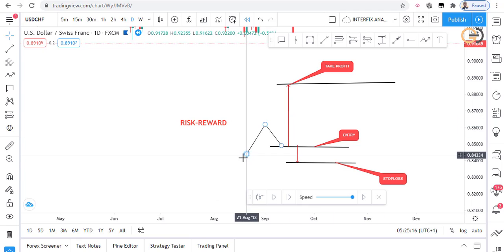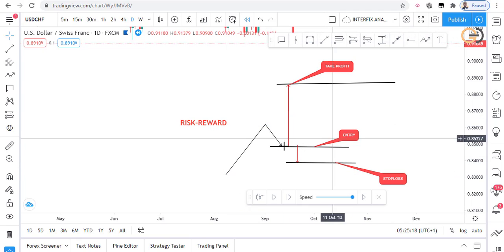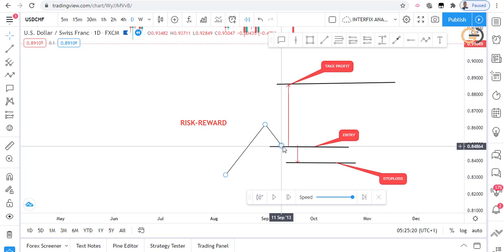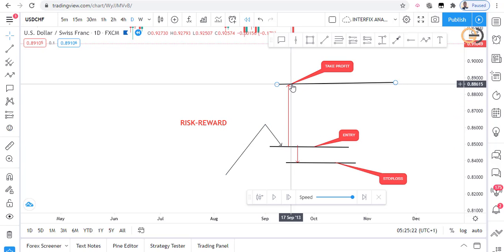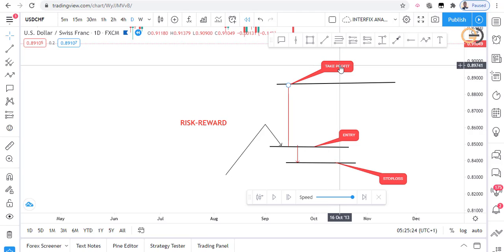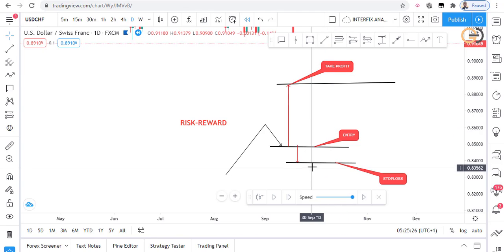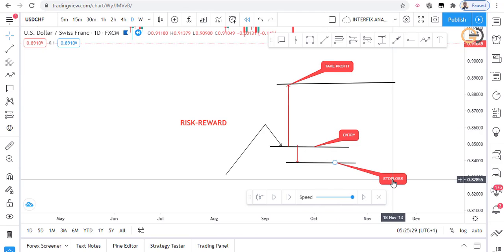So when you enter the market here, this is where you want to exit the market, which is your take profit. This is where you put your stop loss.